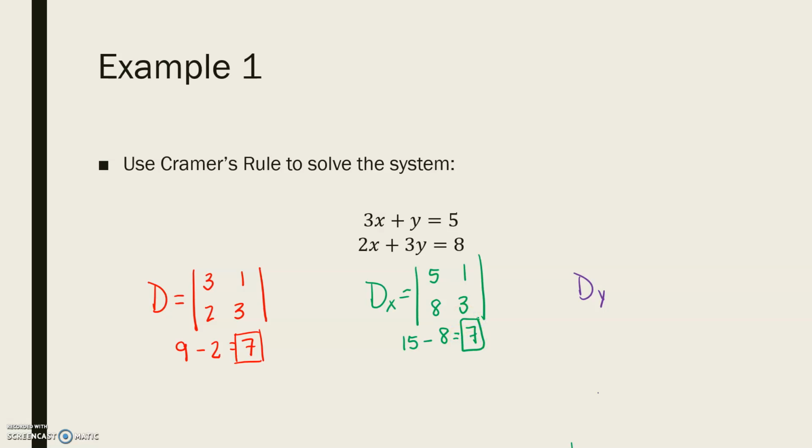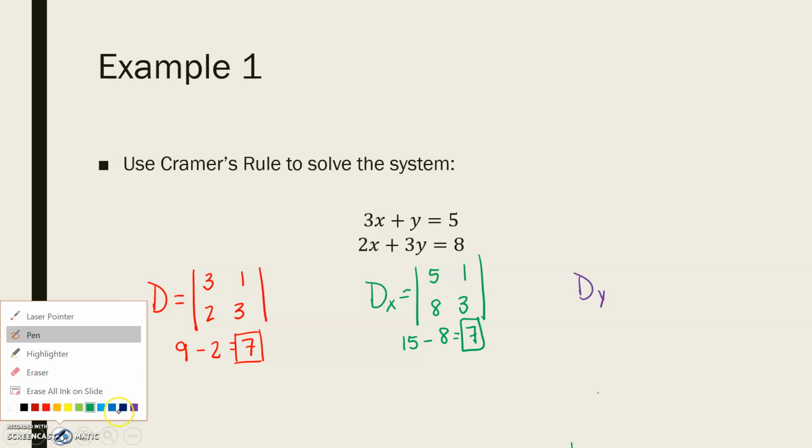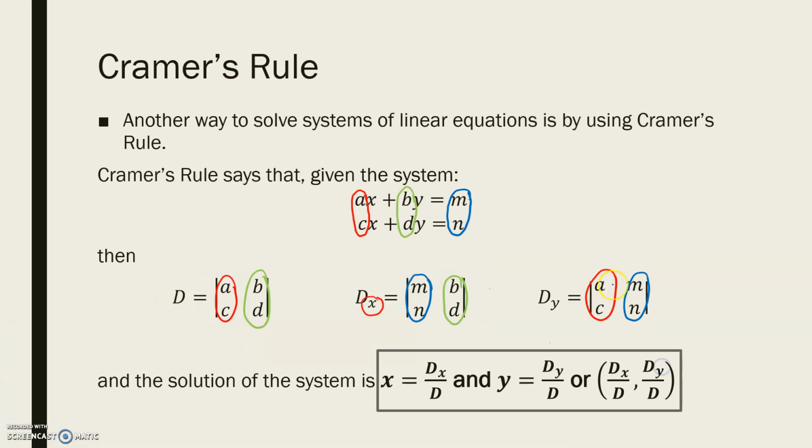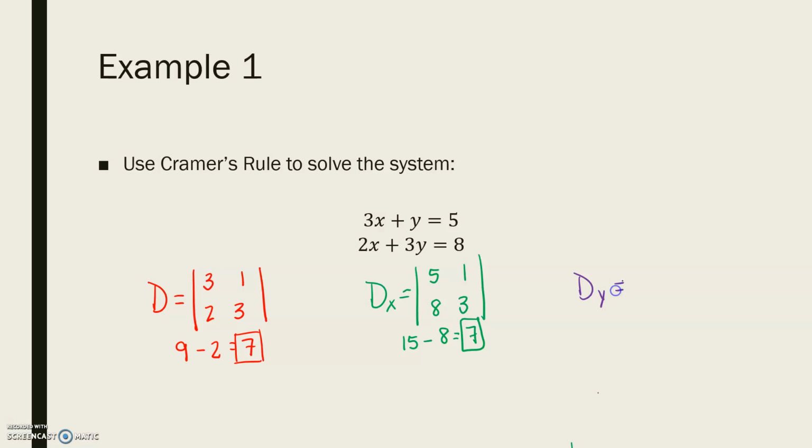And I get 7. And finally, for d sub y, I'm going to keep my x's, but I'm going to replace the y coordinates with 5 and 8. And so this would give me 24 minus 10, which is 14.